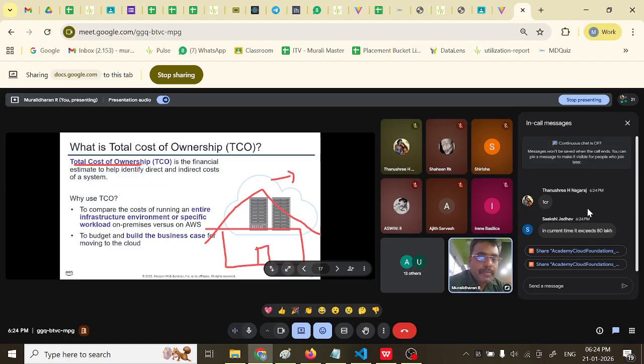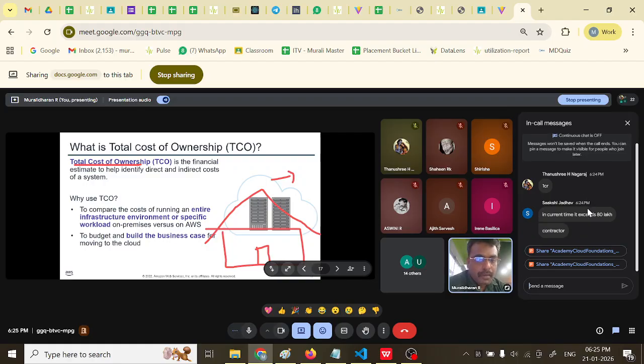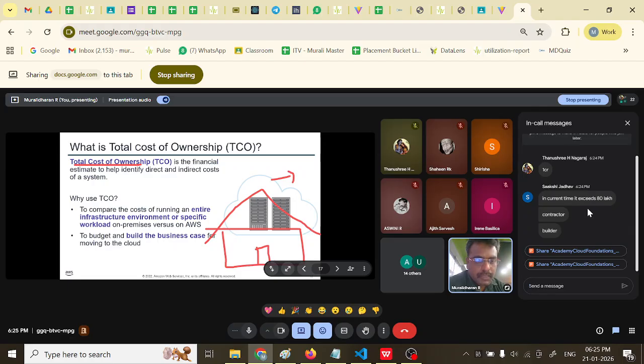For building a house, completing the entire house, you will be investing this 80 lakhs. This 80 lakhs can be your direct cost. For whom and all will you split and give this money? Contractor, builder, okay.